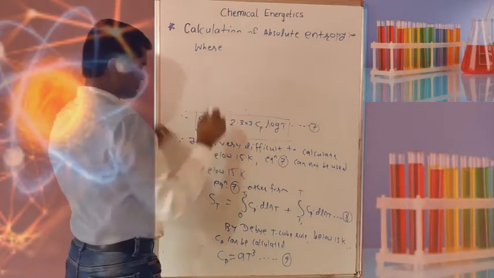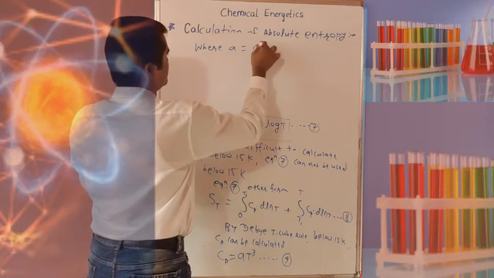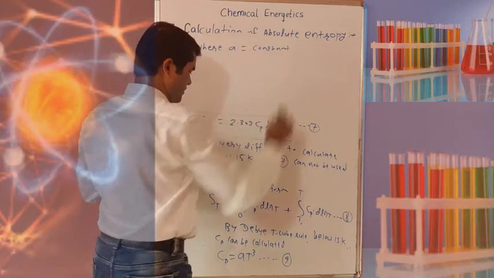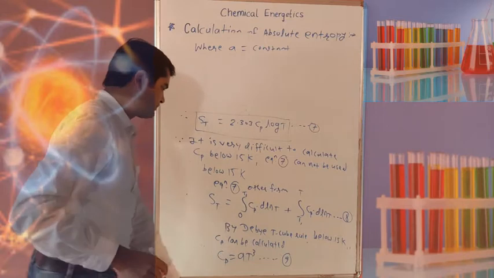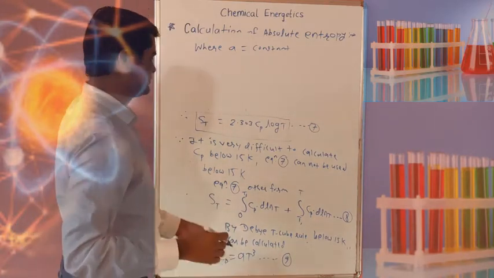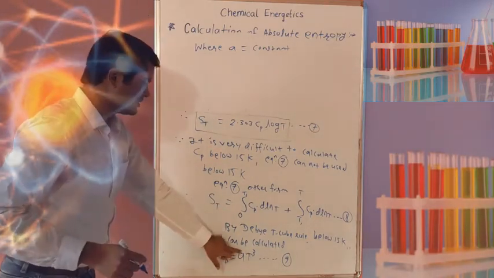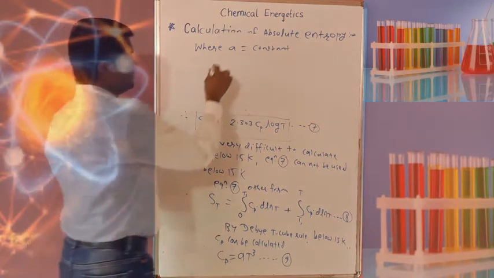Where A is constant. Now from equation 9, equation 8 becomes, so we have to write this A T-cube here.